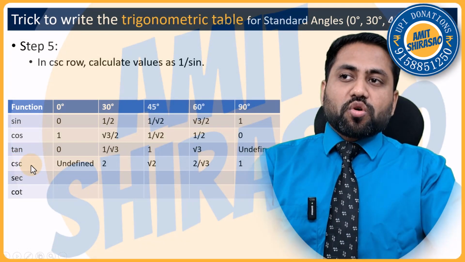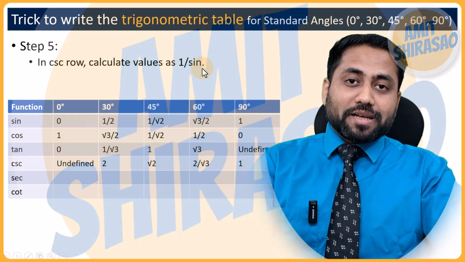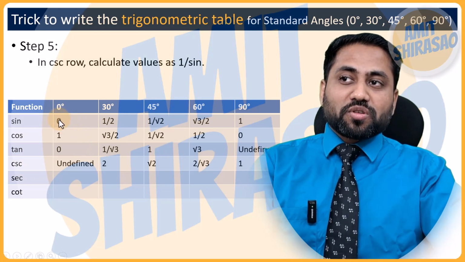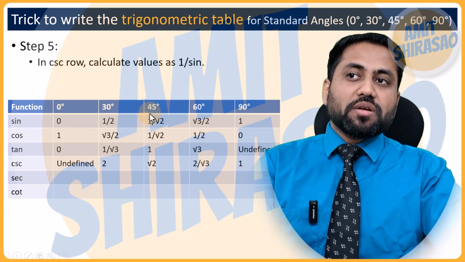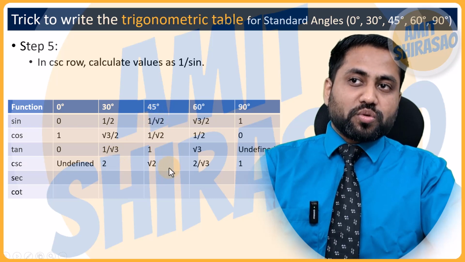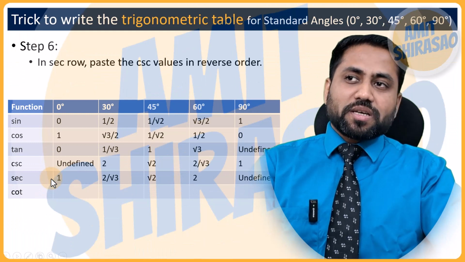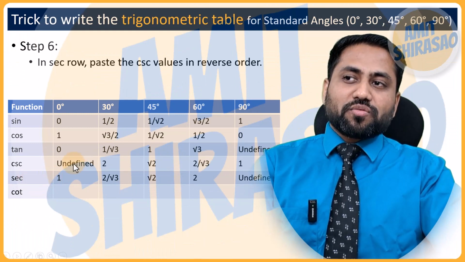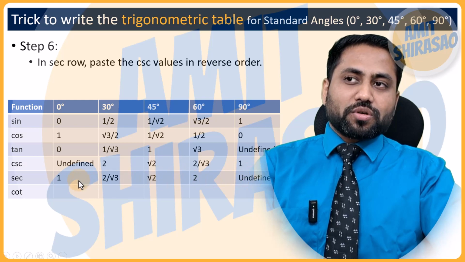Then for cosec, you must remember that cosec is equal to 1 upon sine, right? So just do 1 upon sine. So 1 upon 0 is undefined, 1 upon half is 2, 1 upon 1 by root 2 is root 2, and so on. For sec, you must have guessed by now, sec is the reverse of cosec, so I'm just writing it in the reverse order.